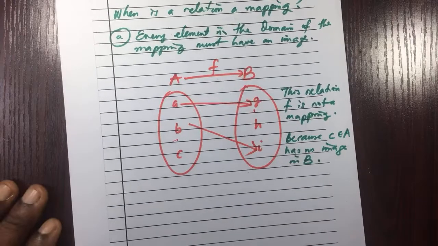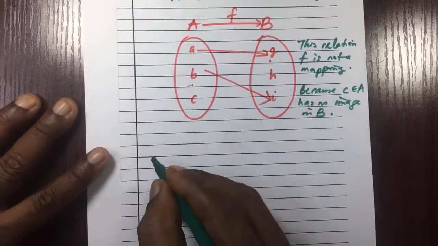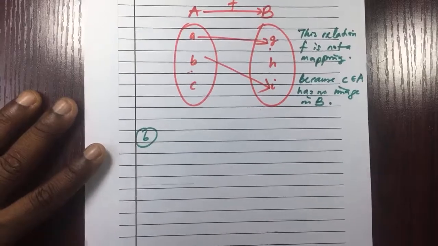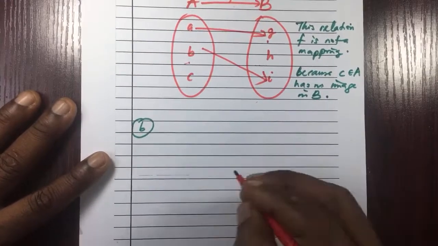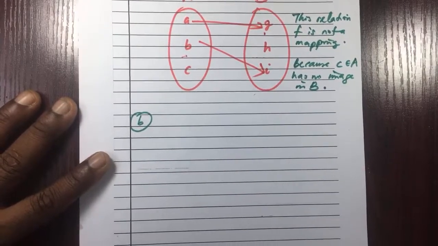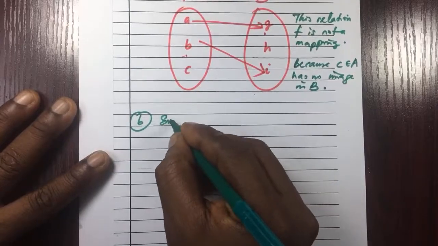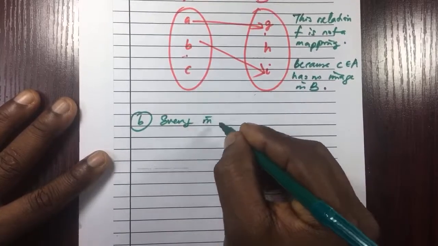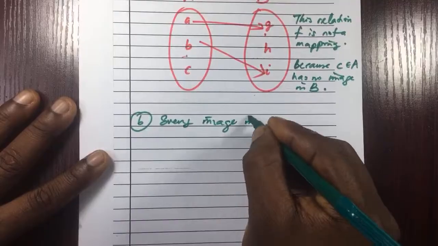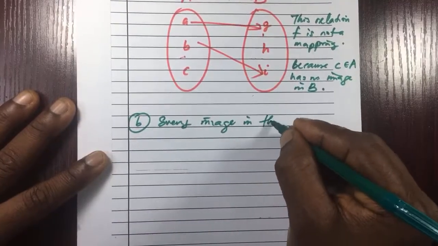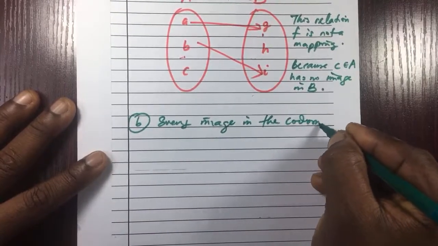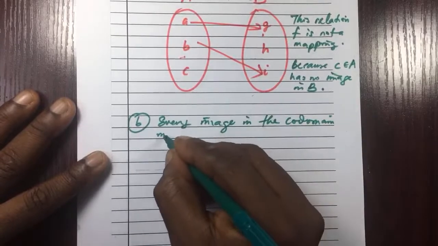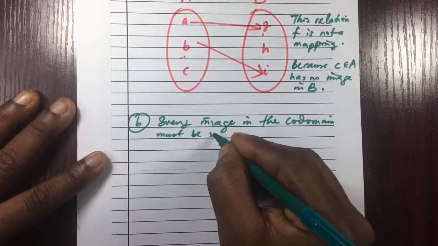It is not a mapping. Now, let's go to the second condition, B. What is the second condition? The second condition is that every image in the codomain must be unique.